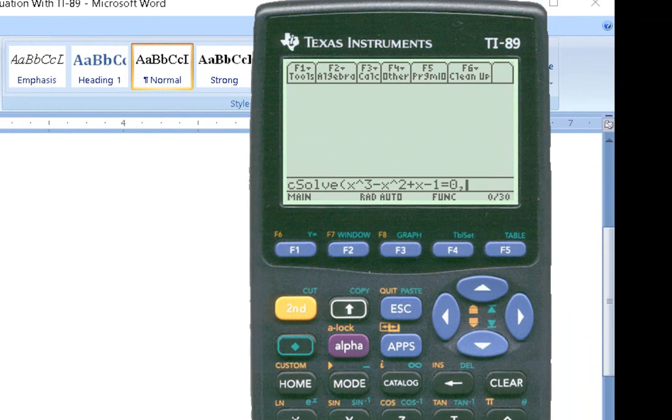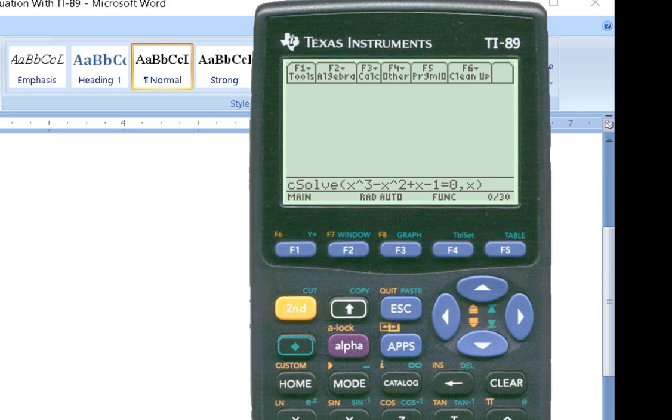Okay, so I got the equation, x to the third minus x squared plus x minus 1 is equal to 0, indicate the variable. And notice this is a third degree equation, x to the third, okay, it's the highest degree term, so that's third degree.